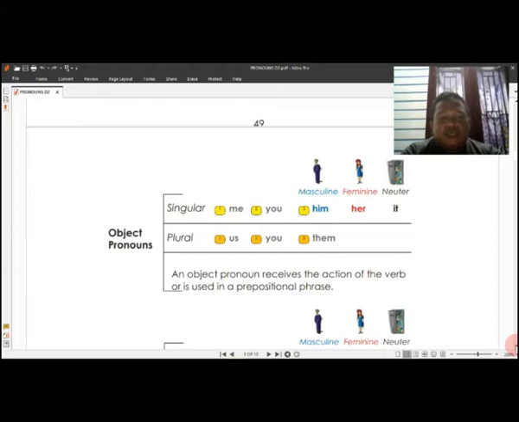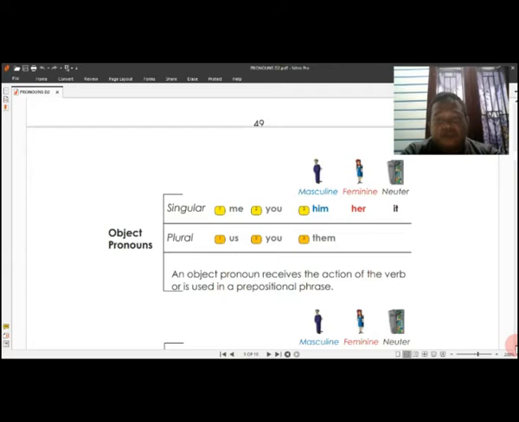These object pronouns stand after the verb. It always stands after the verb. It's not placed in front of a sentence, but always after the verb. An object pronoun receives the action of the verb or is used in a prepositional phrase.